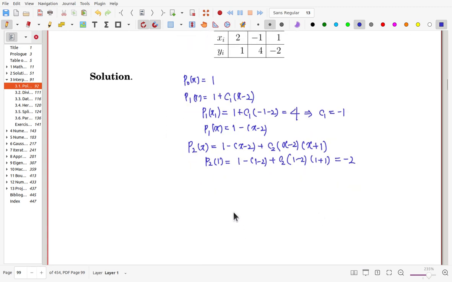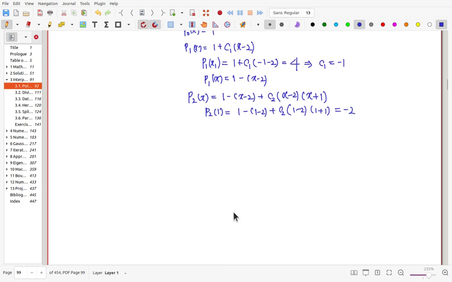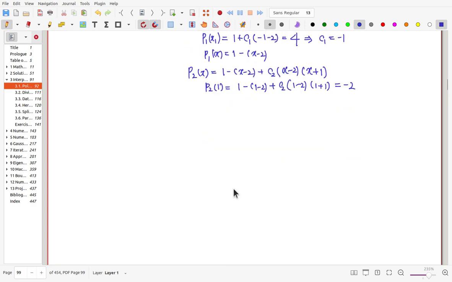Okay, now from this one, that is 1. Okay, this is 1, now minus 1, so the plus 1, and plus here C2 times, that is minus 1 times 2, so the minus 2, equals minus 2.